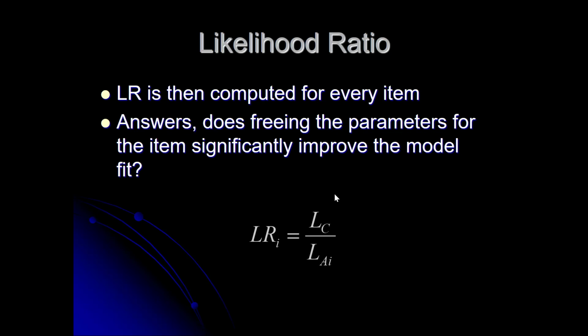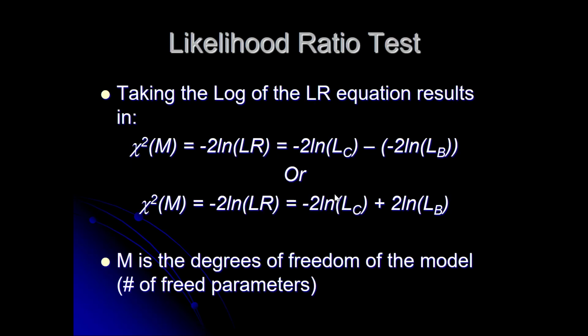I'm not going to go too much into the formula for it, but it is part of a broader class of statistics used in a lot of different types of things. Essentially you're comparing the fit of the two models, and the difference in those two negative two log likelihood functions for the baseline and the constrained model is distributed as chi-square. And the degrees of freedom are the difference in the number of estimated parameters.